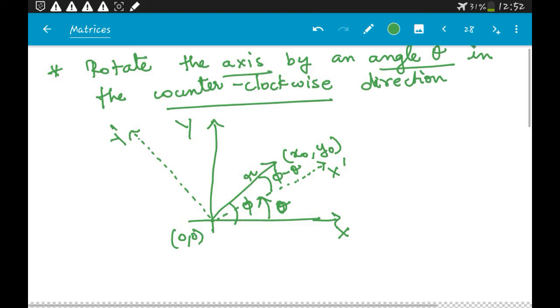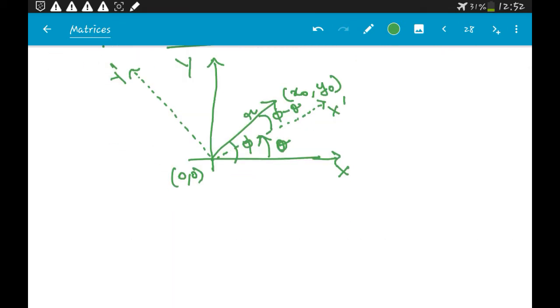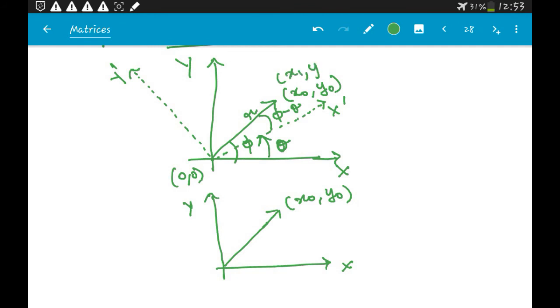Alright, so let's look at it initially, without anything in the original axis. Let me draw it part by part again. X, y. After the rotation, let's call the new vector with respect to the new axis x1, y1.